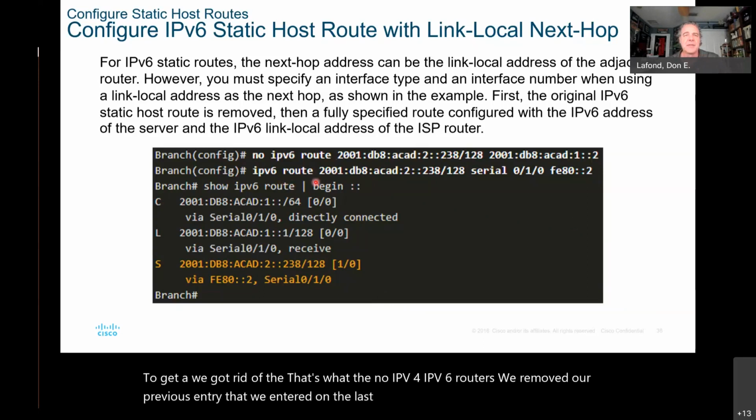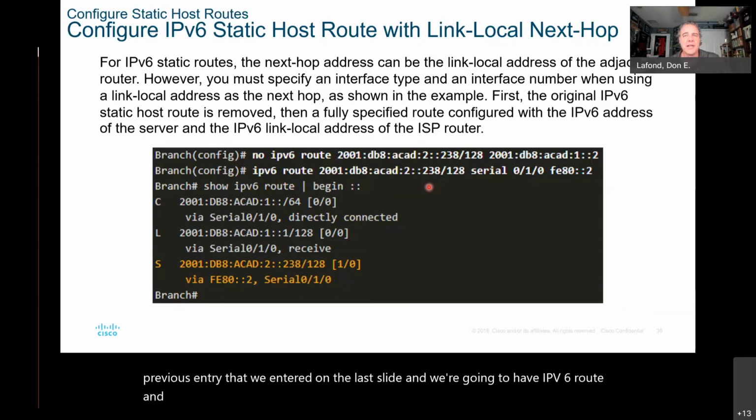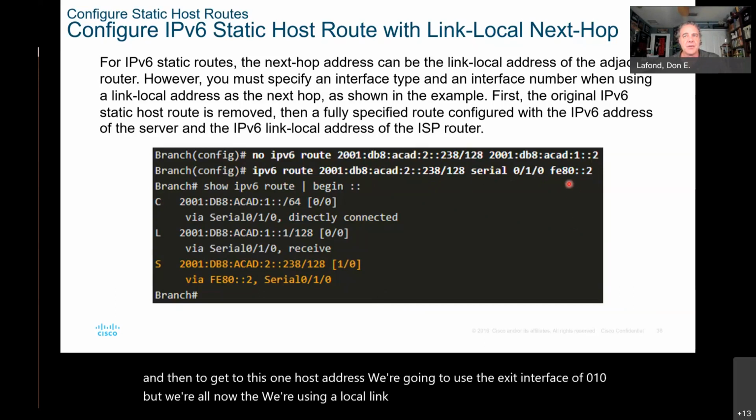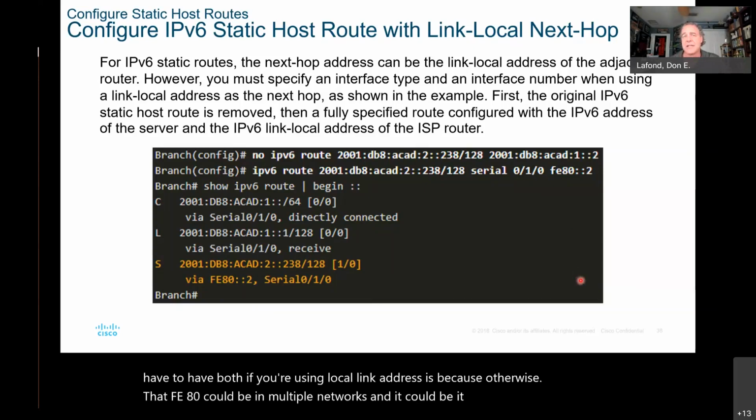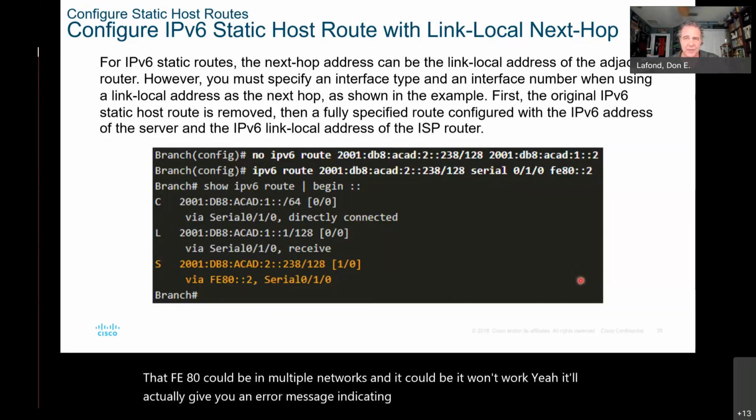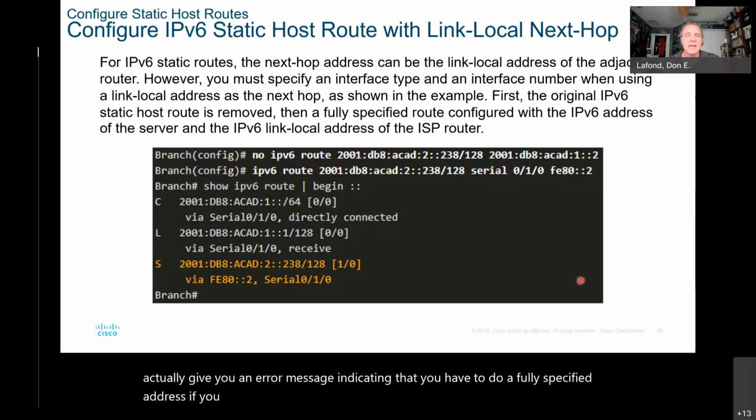Then we're going to use ipv6 route, and to get to this one host address, we use the exit interface G0/0/0 with a link-local address of FE80::2. You have to have both if you're using link-local addresses, because otherwise that FE80 could be in multiple networks and it won't work. It will give you an error message indicating that you have to use a fully specified route if you don't include the exit interface. Here you can see that to get to this one host address, you use the exit interface and next hop IP.